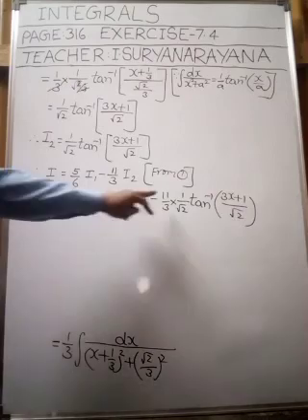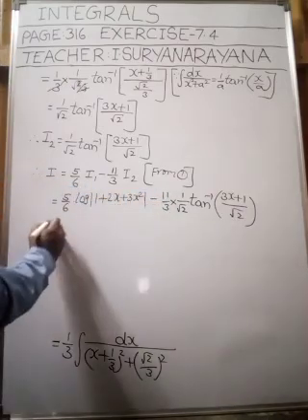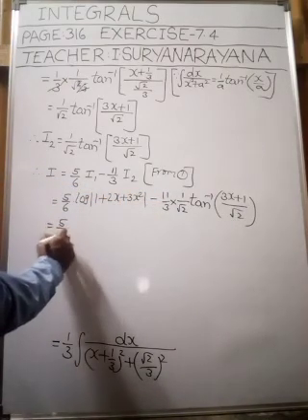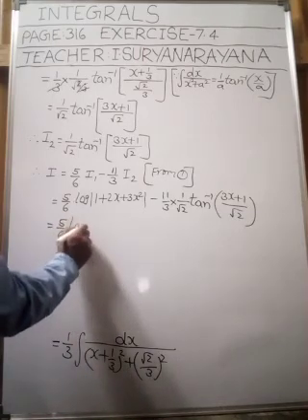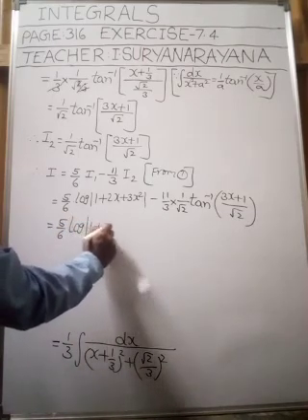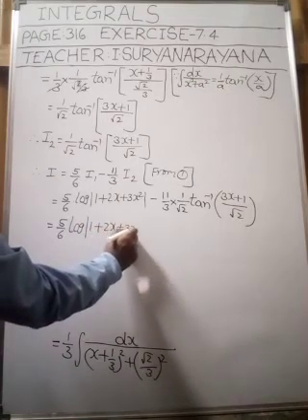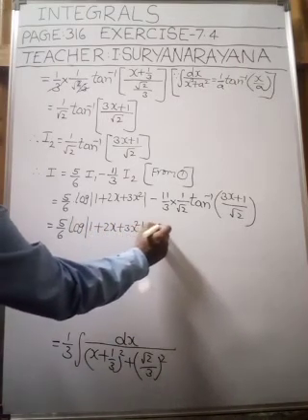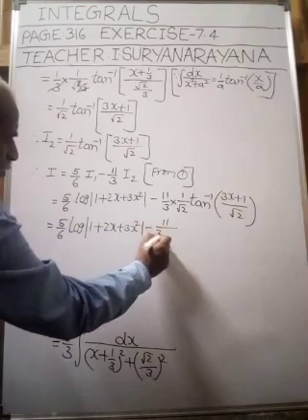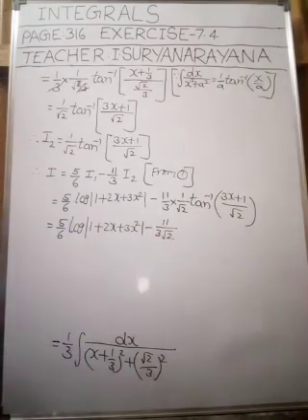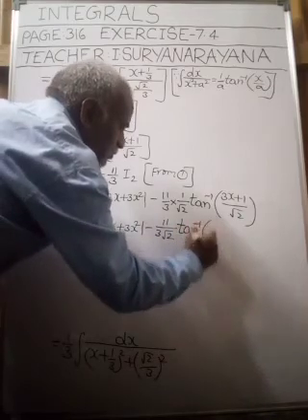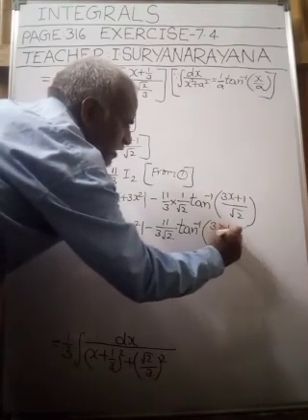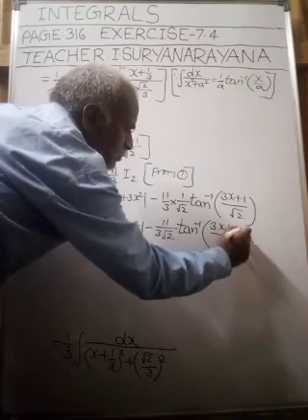Right. Now let us simplify this one. 5 by 6 log mod 1 plus 2x plus 3x square minus 11 by 3 root 2 tan inverse of 3x plus 1 by root 2.